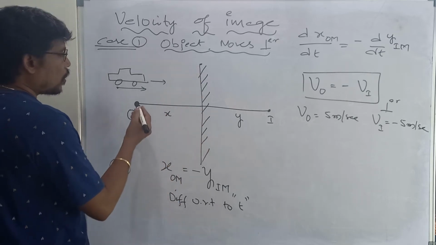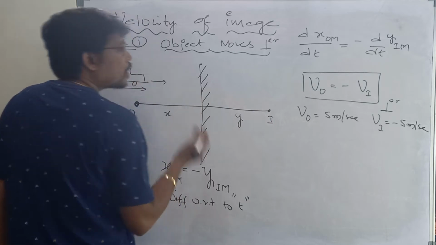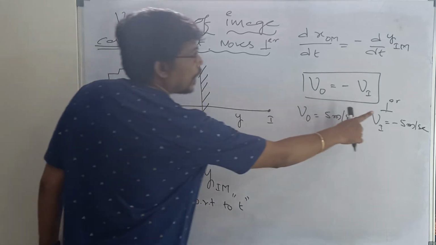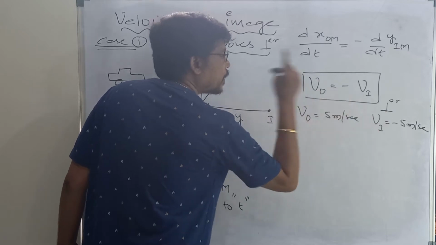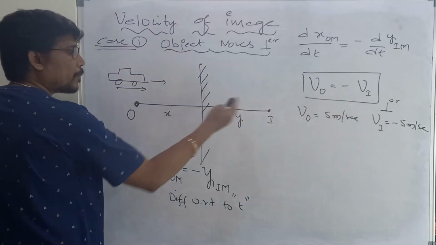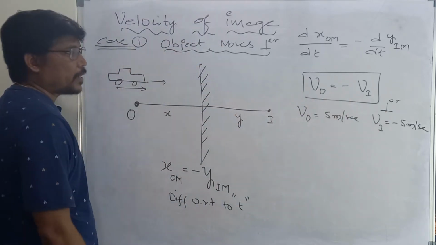So the image also moves perpendicular to the plane of the mirror. That's what I wrote here with the perpendicular symbol: the object and image are moving perpendicular to the plane of this mirror.